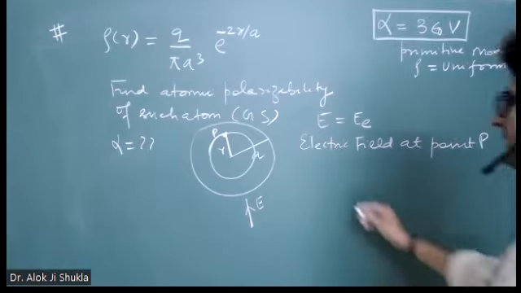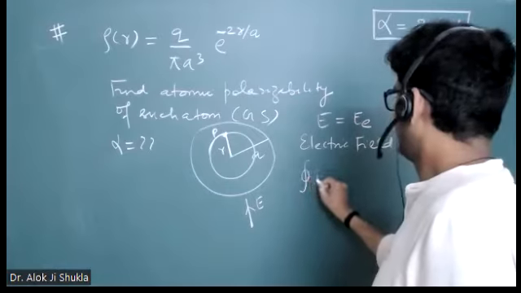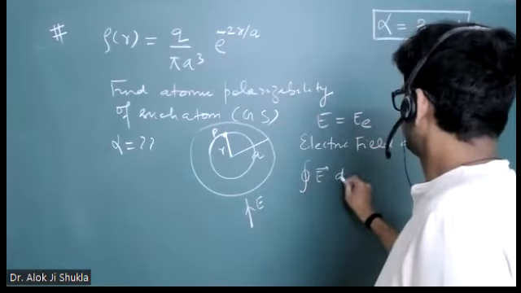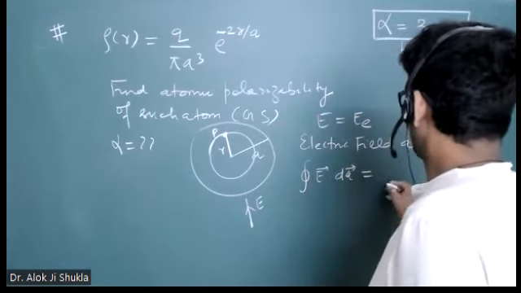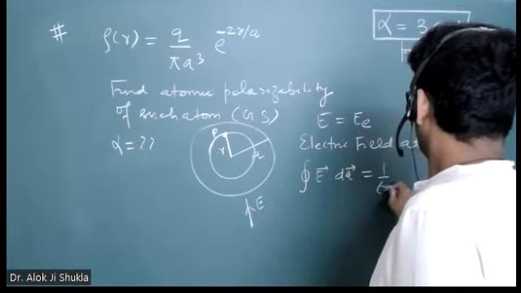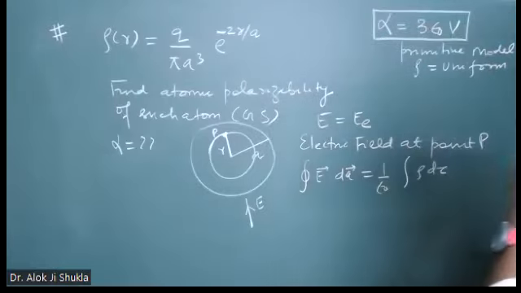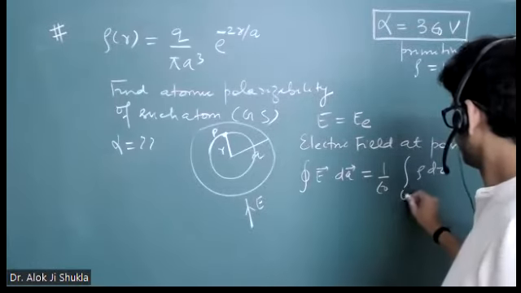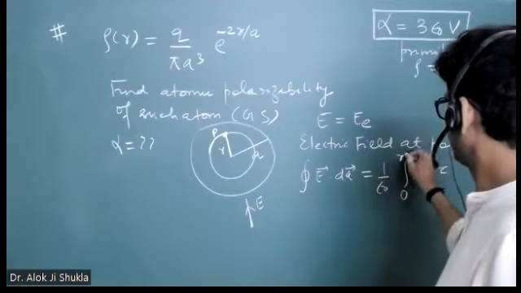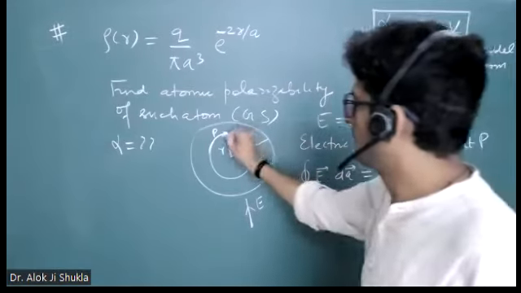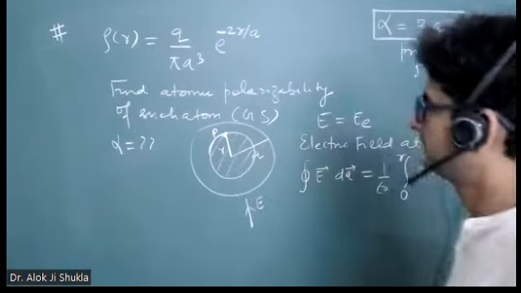So let us apply Gauss law. Yes, sir. Integral E dot dA is equal to integral rho d tau by epsilon, from 0 to r. You want to calculate the charge content here.